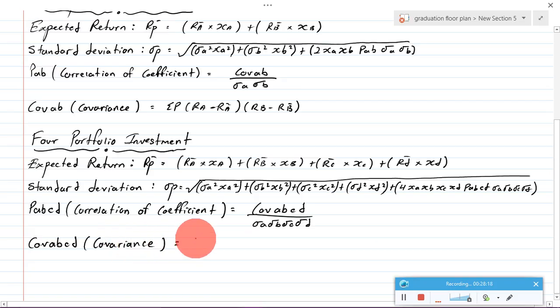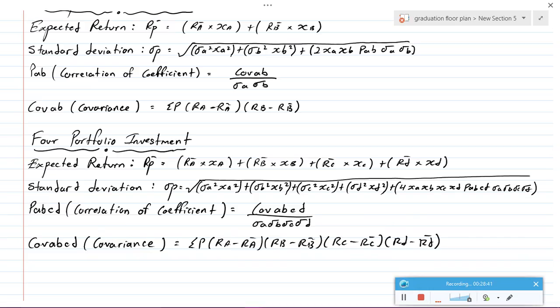Standard deviation A or standard deviation B, or for the portfolio, we call it standard deviation. In other words, the risk. And you have the proportion A, proportion B, and so on. The XA, XB, that's called proportion.